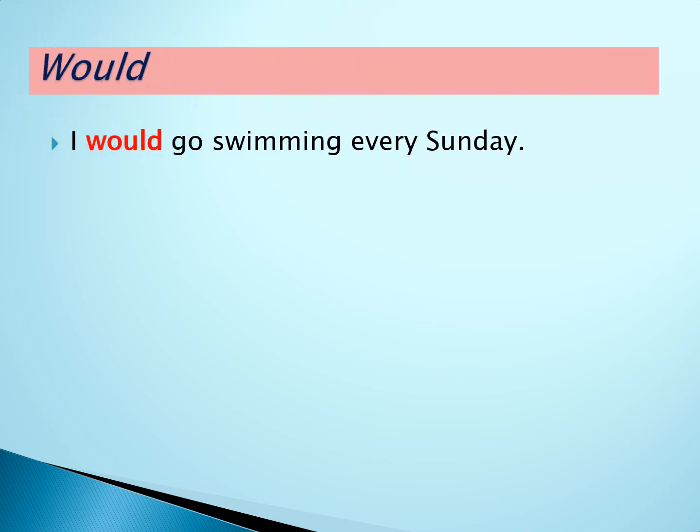Let us see where can we use would. First sentence, I would go swimming every Sunday when I was in school. What is the meaning of this sentence? I went swimming every Sunday when I was in school. So I used would instead of used to talk about the past habit here.